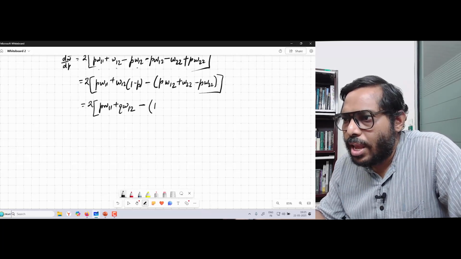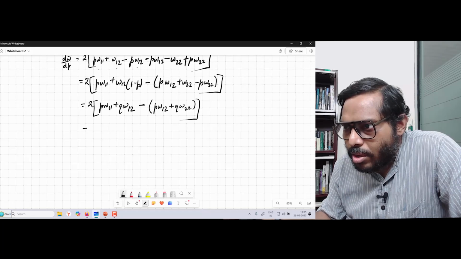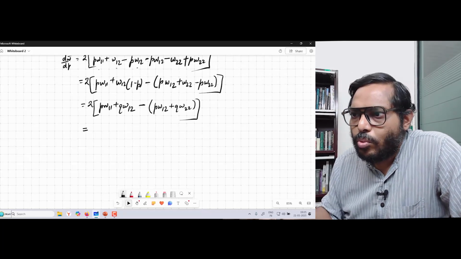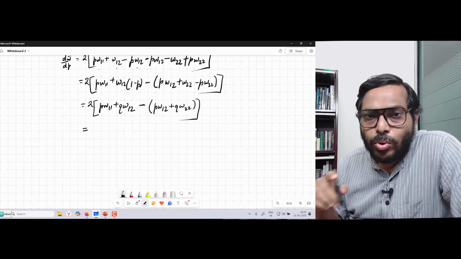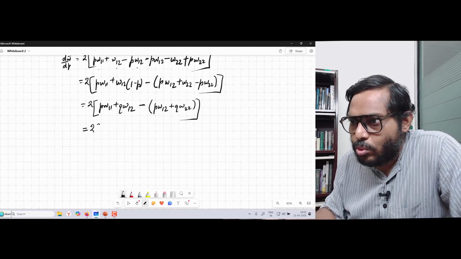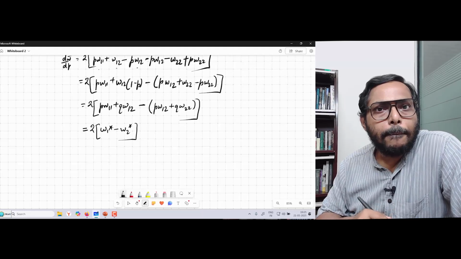In other words, I have PW12 plus QW22, right, equal to, I think you can already see where this is going, PW11 plus QW12, remember, is W1 star. So equal to 2 times W1 star minus W2 star, right.